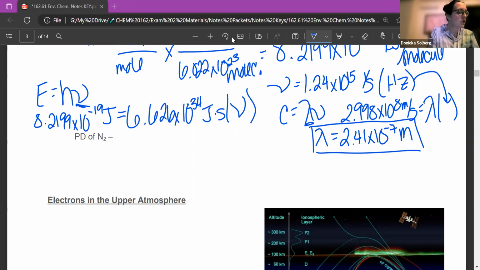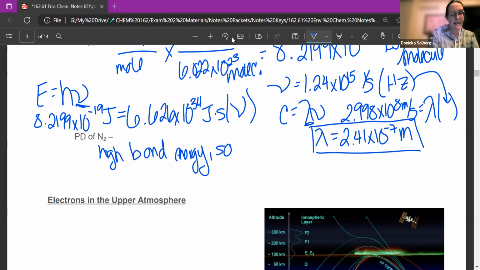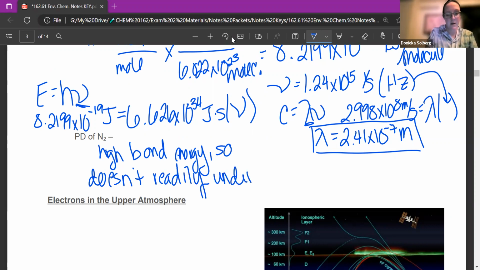So nitrogen has a high bond energy, so it doesn't readily undergo PD, unlike oxygen, which can very easily be dissociated into oxygen atoms.